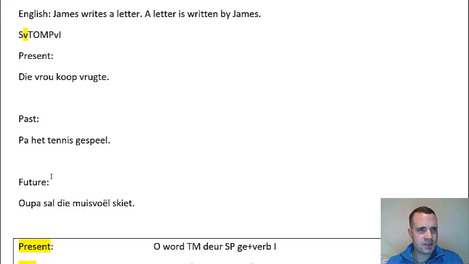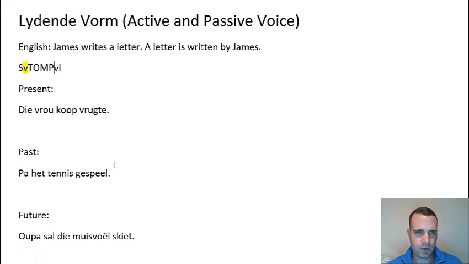The rules you use are going to depend on what tense your sentence is in. Okay, Lydende Vorm works in present, past, and future tense. For present tense you're going to use the words word deur. For past tense you're going to use is deur, and for future tense you're going to use sal deur, as well as word.